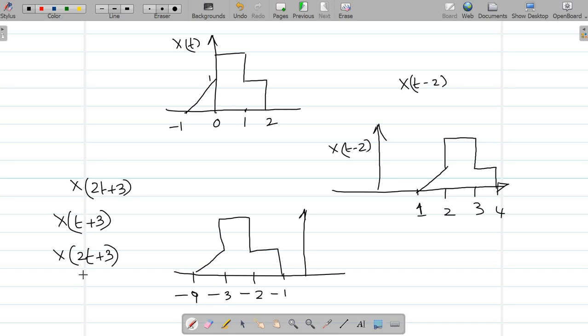Now what I have to do is time scale by 2, which means I'll have to divide each of the time units by 2.